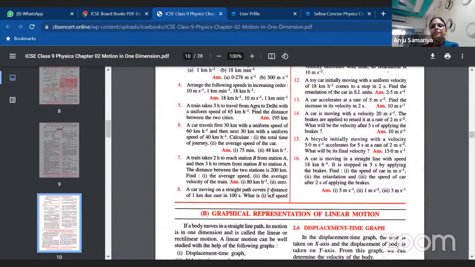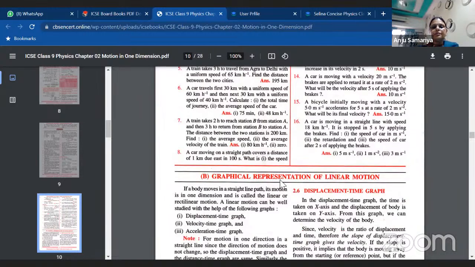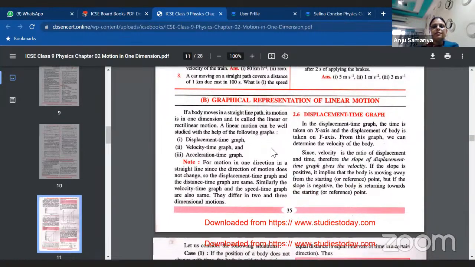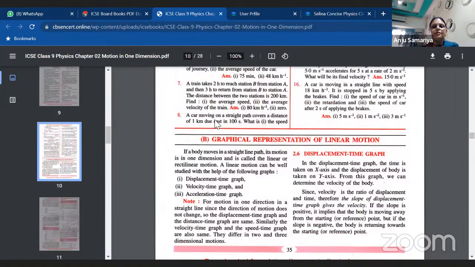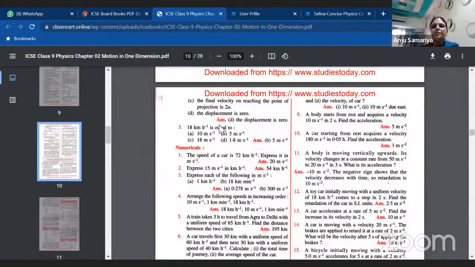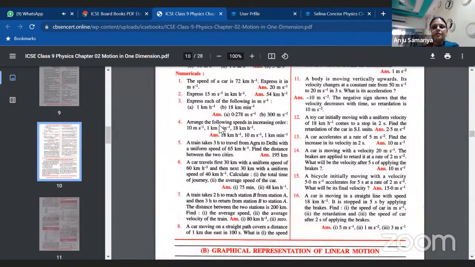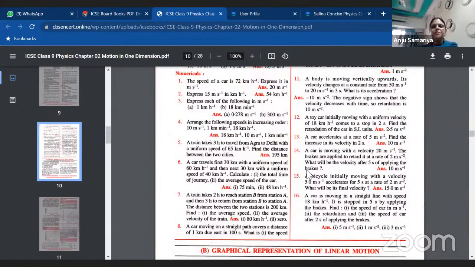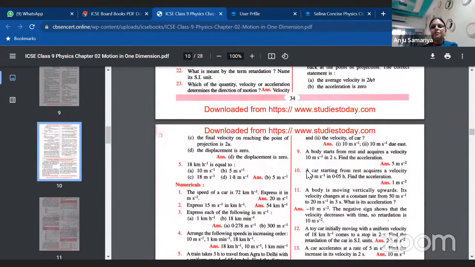Question number 8. Speed is equal to distance upon time. So distance is 1 kilometer.